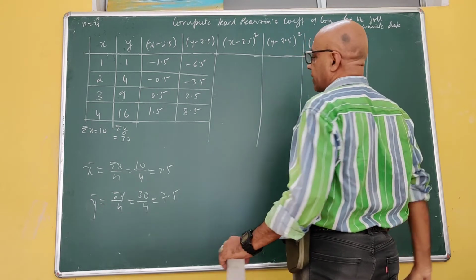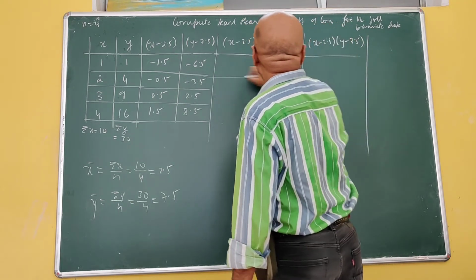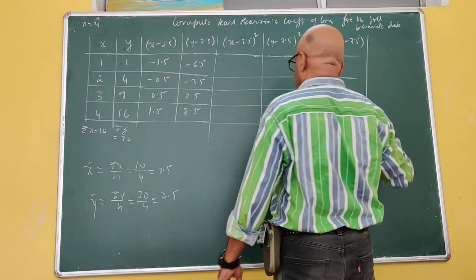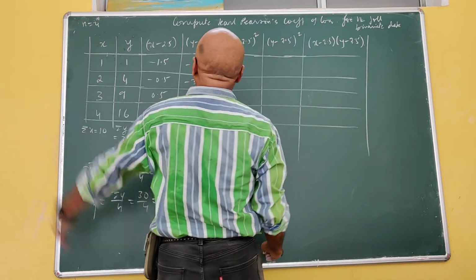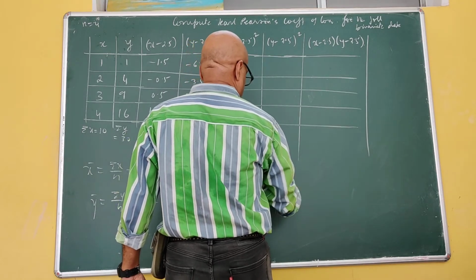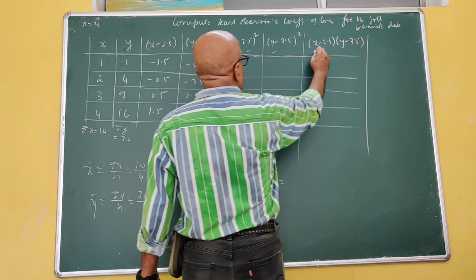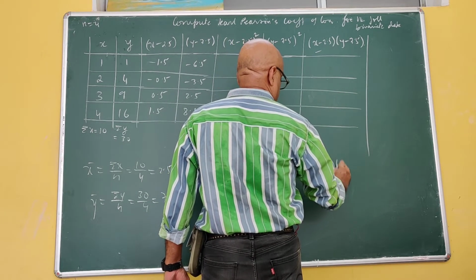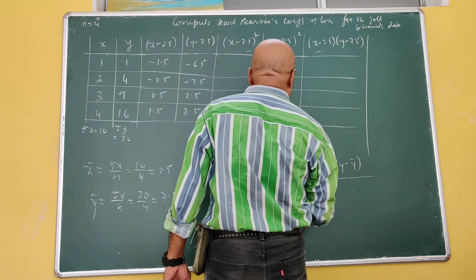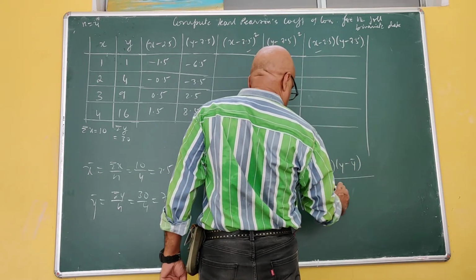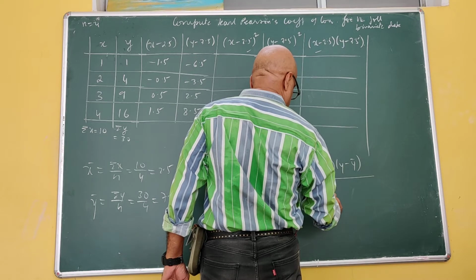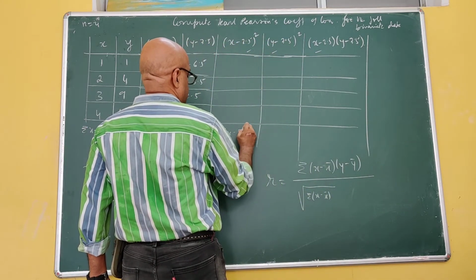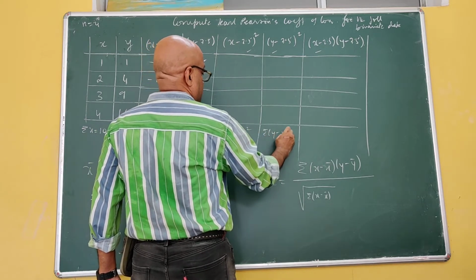Now this involves a lot of calculation, and I think I should leave it to you and see that the answer that you get eventually, when you substitute, you must get the same answer as what I have done by the previous method. You substitute these values into this summation x minus x bar, y minus y bar, into this square root of summation x minus x bar square, summation y minus y bar square.